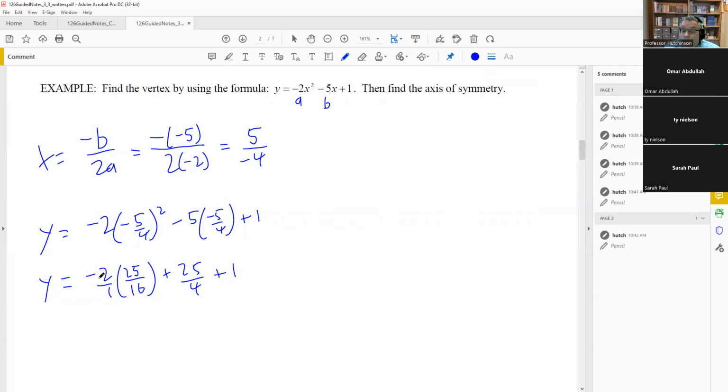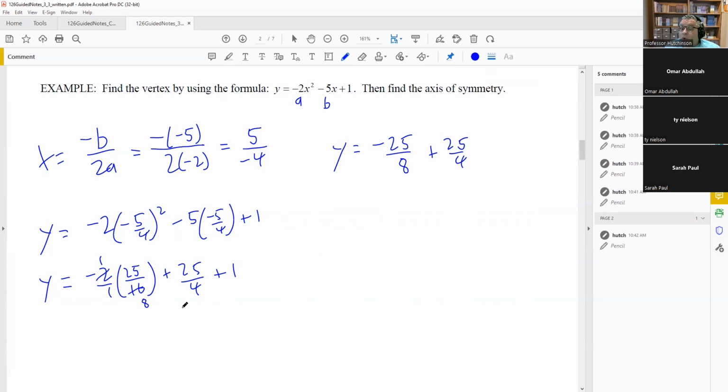This first fraction we can reduce. Okay, so the 2 and 16 reduce there. So we get y equals -25/8. And we have 25/4, which I need to get common denominators.